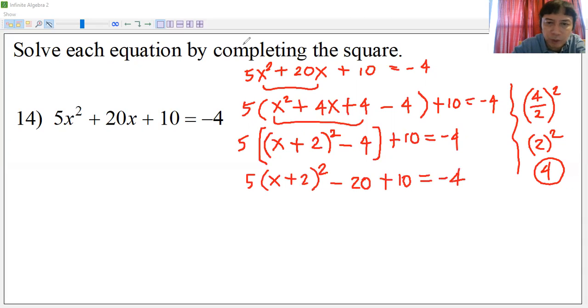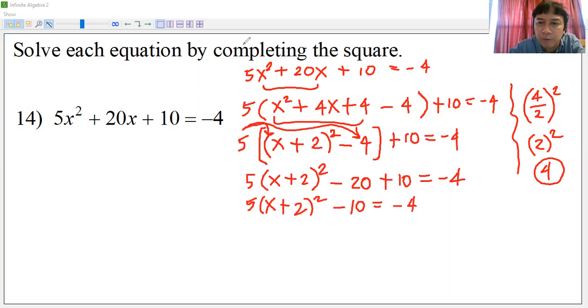What did we do there? The 5 is multiplied back and multiplied there. And so we remove now the parentheses, the square braces, and now we have to continue simplifying the numbers. So this will continue 5 times x plus 2 squared minus 20 and plus 10, that's a minus 10, and this is equal to negative 4 there.